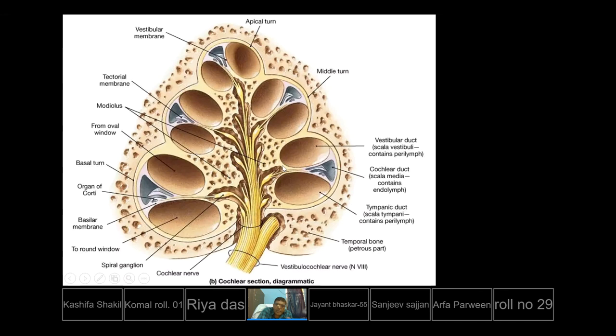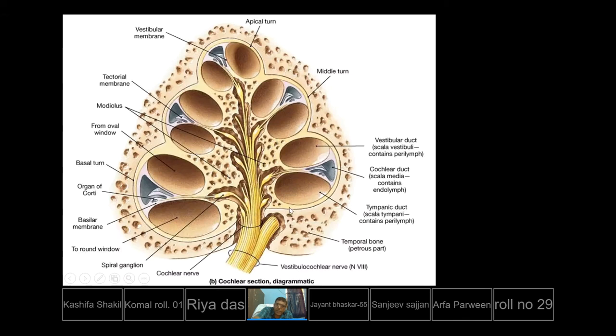So this is the spiral bony lamina which runs along the modiolus all around, and the cavity of this bony cochlea is divided, but incompletely. This is the bony cochlea up to here. This is the spiral lamina up to here, and this is the inner surface of the outer wall.